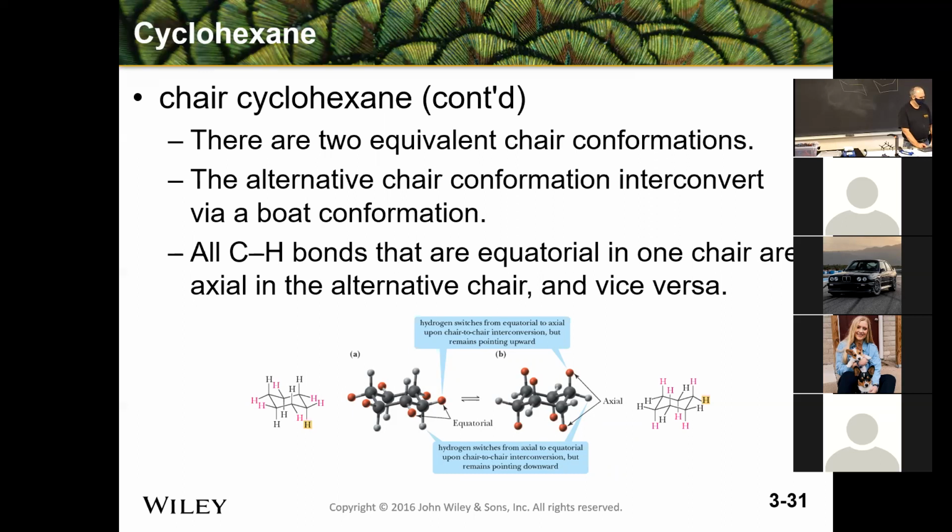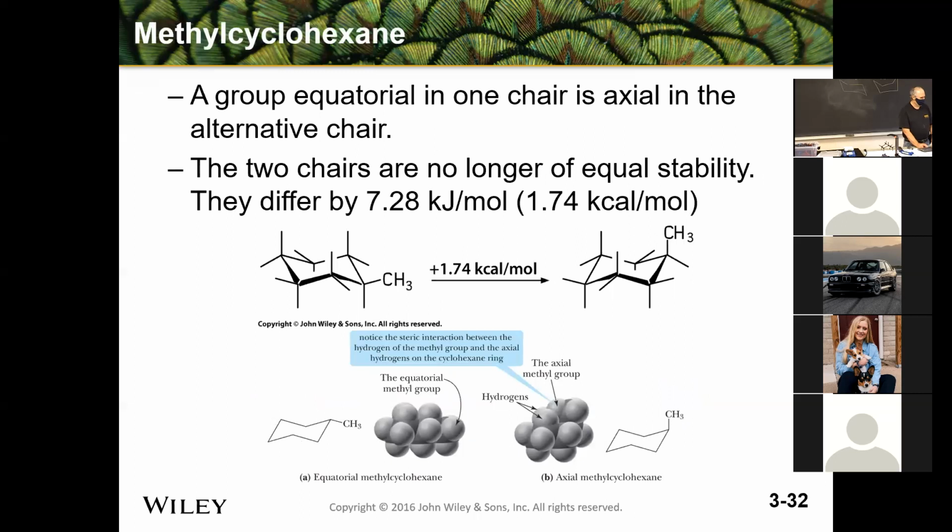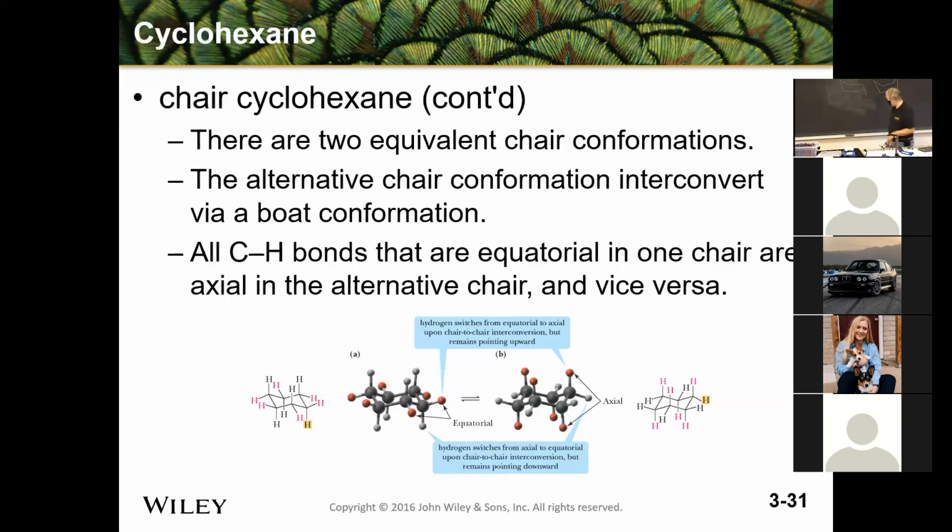Then I want to introduce the terms axial and equatorial. So here is my cyclohexane chair, and you have two hydrogens on each carbon. Each carbon contains what's called an axial and an equatorial hydrogen in the chair position.